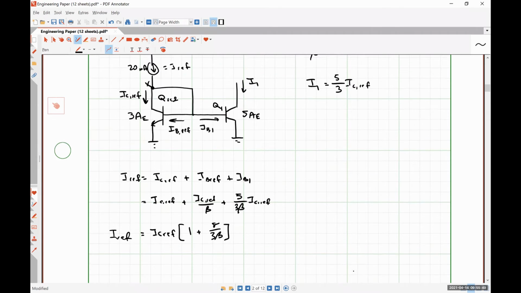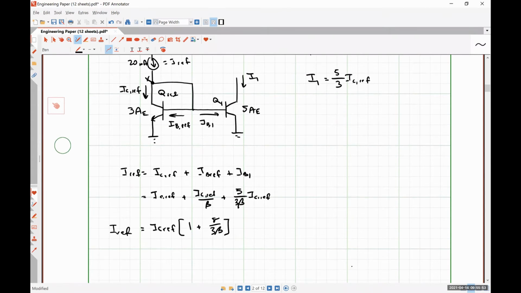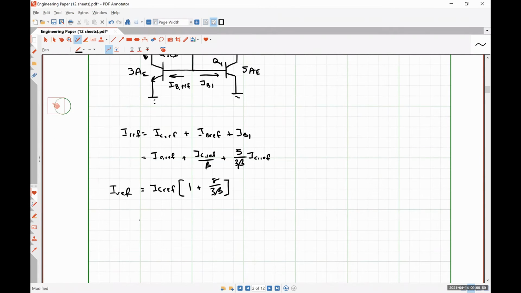And since I'm trying to find I1, I can say that 3/5 of I1 is equal to ICREF, and then back calculate this all for I1. 1 plus 8 over 3 beta.